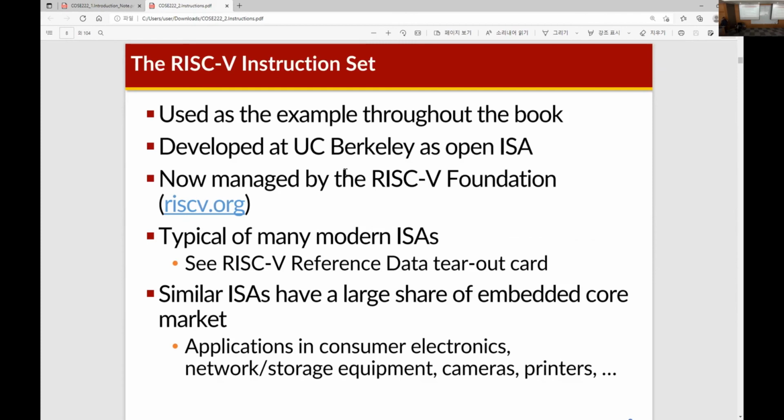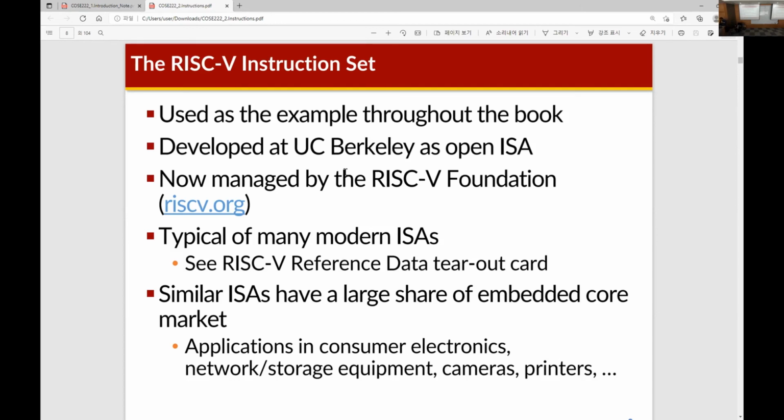But we will learn the RISC-V instruction set architecture. RISC-V is a somewhat modern instruction set architecture. It was invented recently, I believe about 10 years ago, so it's a very new instruction set architecture.